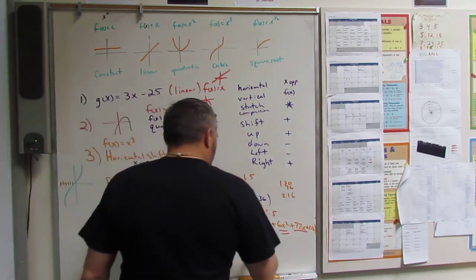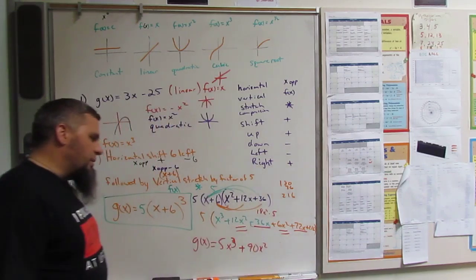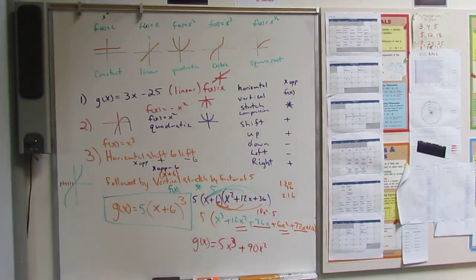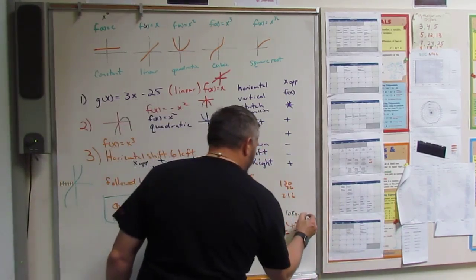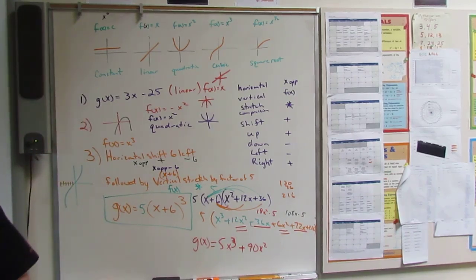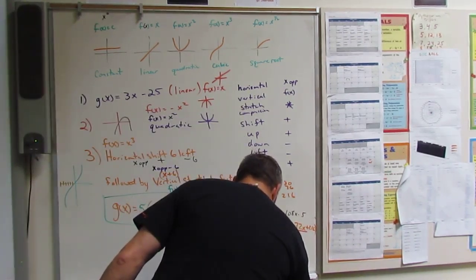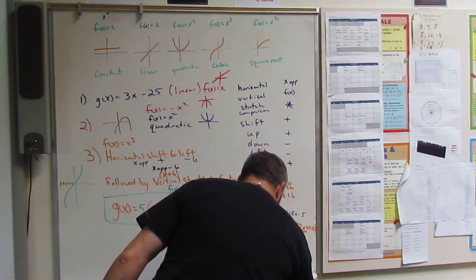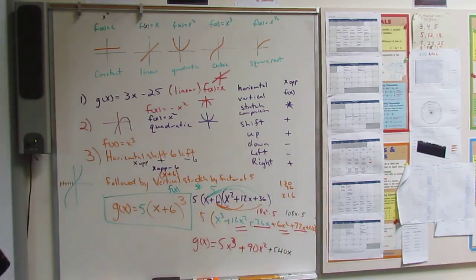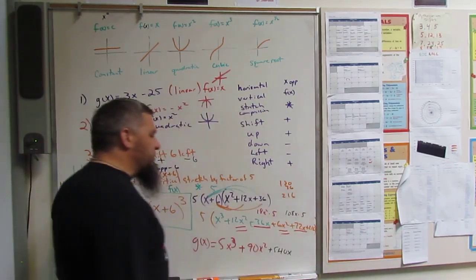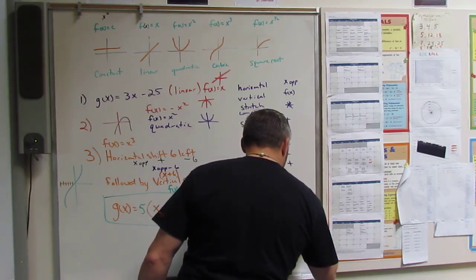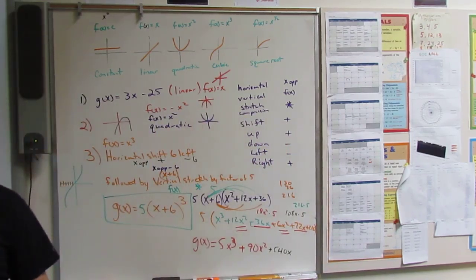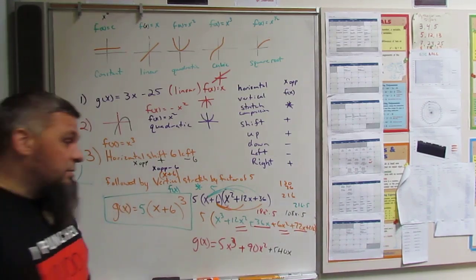So I got 36 and 72. Wow, that's going to be 108 times 5. So that's 500 plus 40. So that's plus 540x. And then plus 216, that's another color. 216 times 5. So that's 1,000 plus 50 plus 30. 50 and 30 is 80. So 1,080.